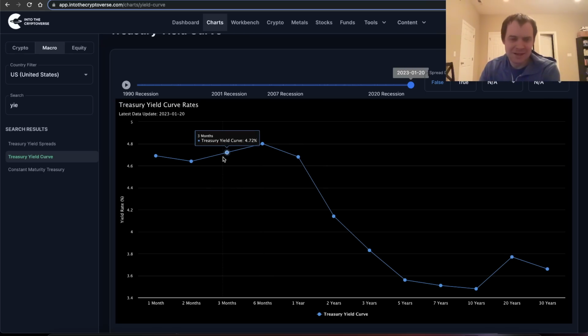It makes sense. You're essentially taking on more risk by locking it up for a longer period of time because you're missing out on potential other opportunities that the market might offer.